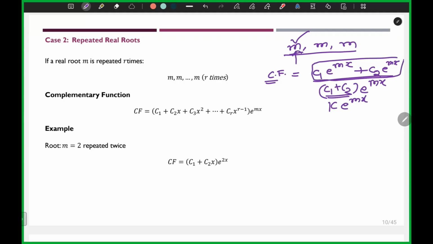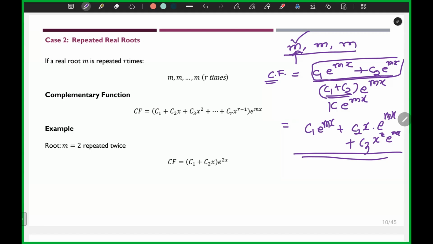So what do we do for that? We have to multiply the constant. We have to multiply like this: c1 e to the power mx plus c2 times x e to the power mx, and then next c3 x square e to the power mx. So this part is clear.